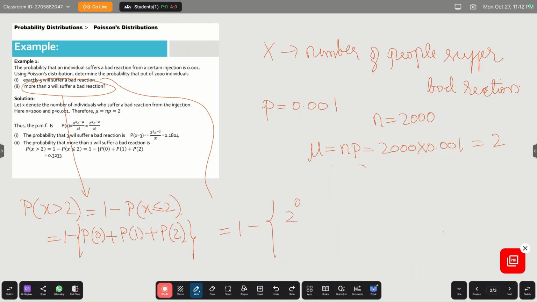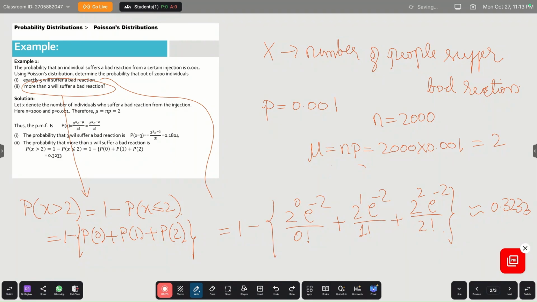So 2 power 0, e power minus 2 divided by 0 factorial, which is 1, plus P of 1, 2 power 1, e power minus 2 divided by 1 factorial, which is also 1, plus 2 power 2, e power minus 2 divided by 2 factorial, which is 2. So you can calculate this and you will get the answer as 0.3233. So 32% chance is there that more than 2 will suffer the bad reaction from the injection.